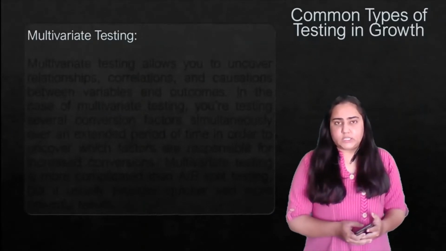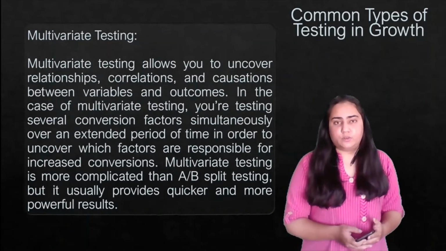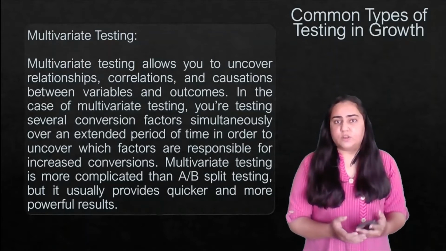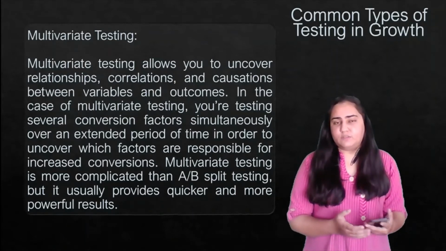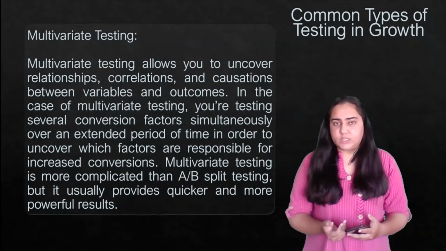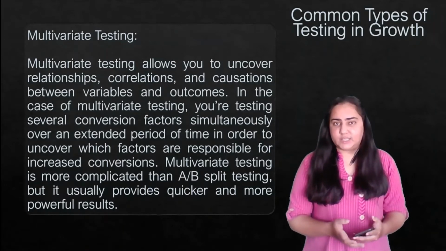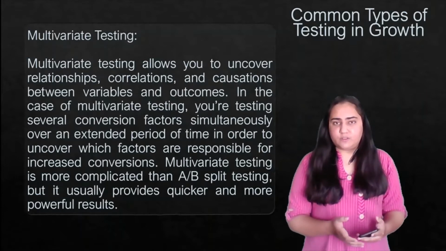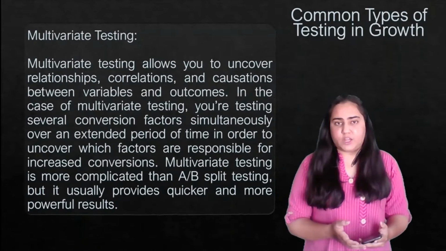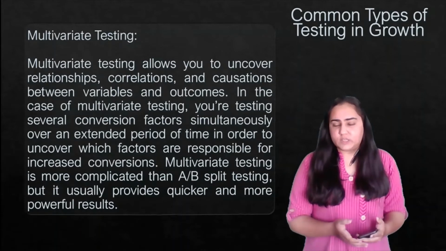The next testing technique is multivariate testing, which is almost like multivariate regression, and it allows you to uncover relationships, correlations, and causations between variables and outcomes. It tells you how certain outcomes are generated based on certain variables. In multivariate testing, you're testing several conversion factors simultaneously over an extended period of time in order to uncover which factors are responsible for increased conversions.